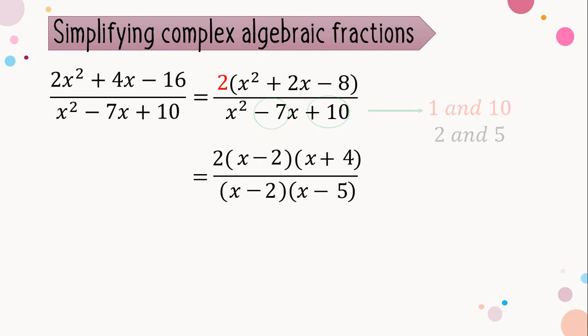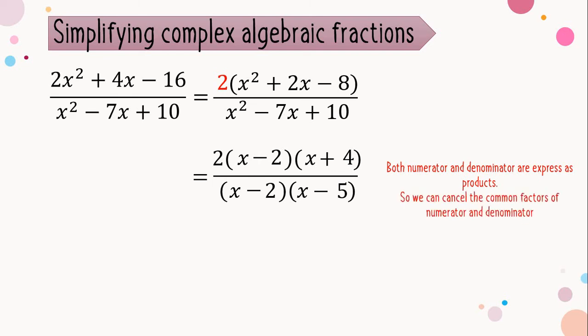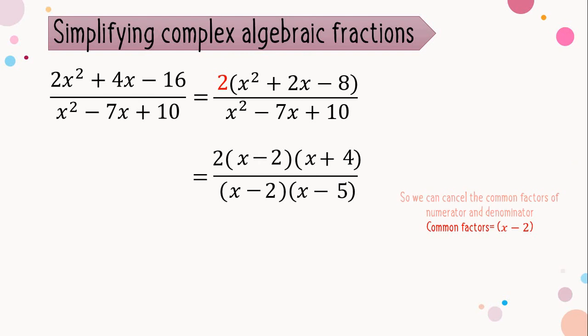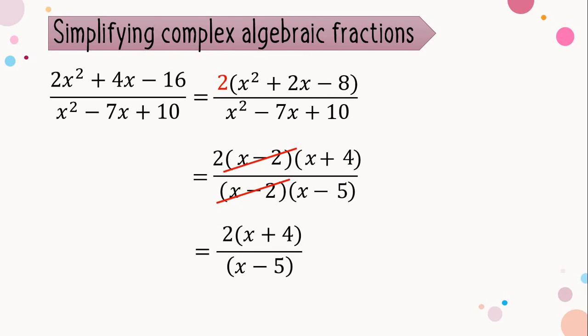So we have factorized the numerator and also the denominator, and both have been expressed as products. So we can cancel the common factor of the numerator and denominator. The common factor is x minus 2. So we will cancel x minus 2. After that, write the rest: 2 times x plus 4 over x minus 5. So that is the answer.